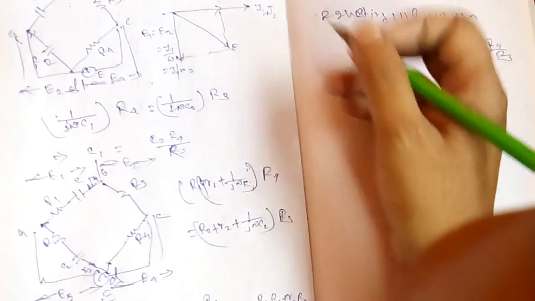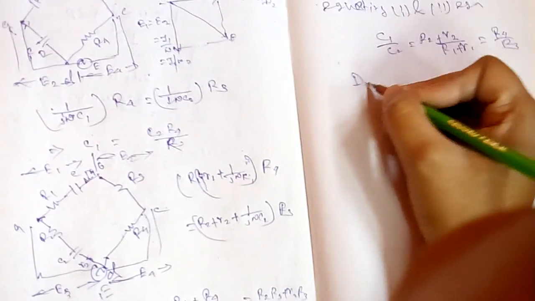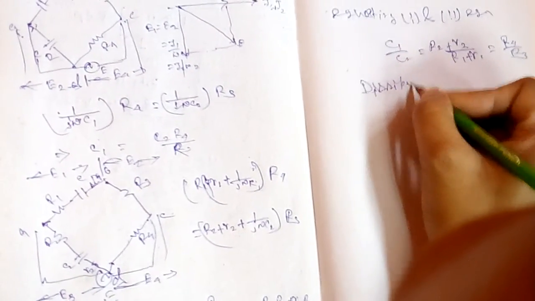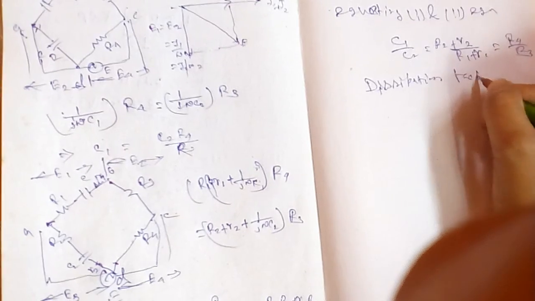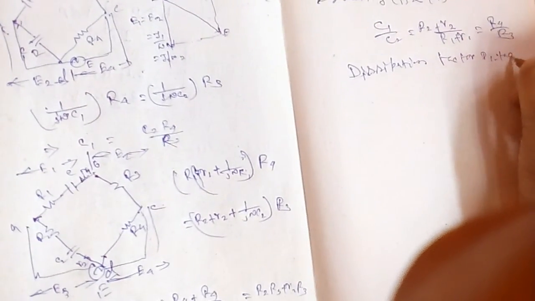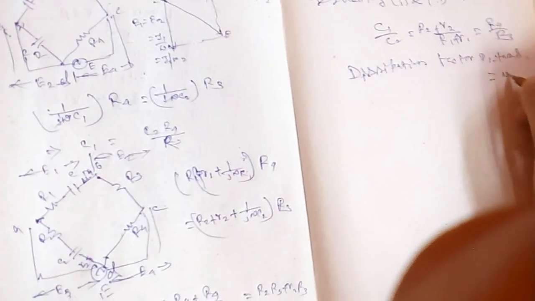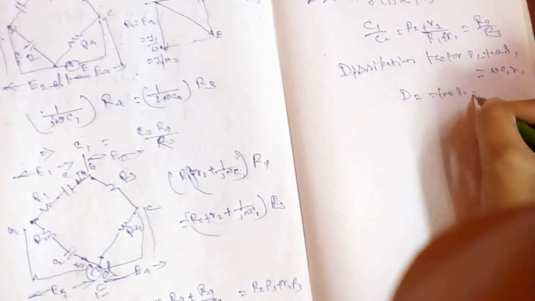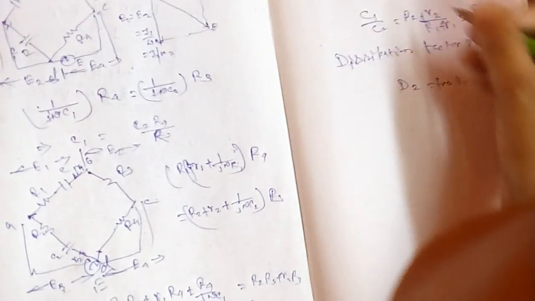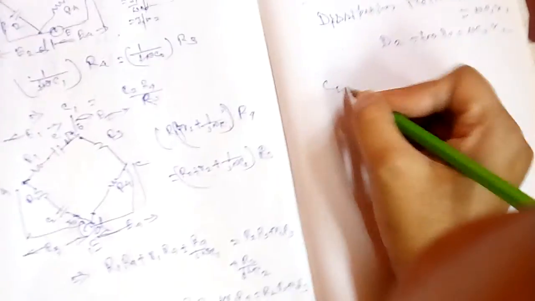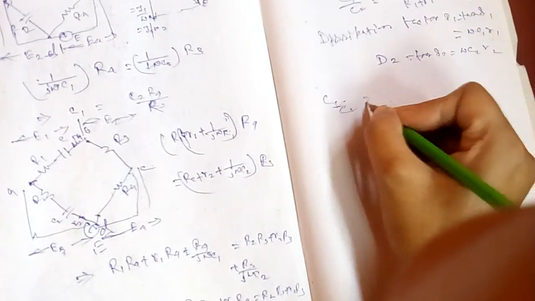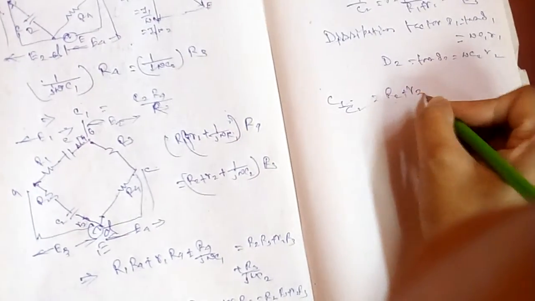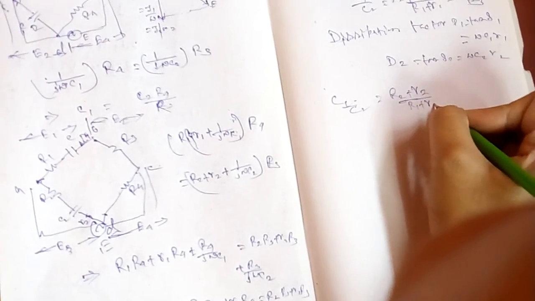So we get the dissipation factor D1 equal to tan δ1, which means omega C1 R1, and D2 equal to tan δ2 equal to omega C2 R2. From the equation we get C1 by C2 equal to (R2 plus R2) by (R1 plus R1).